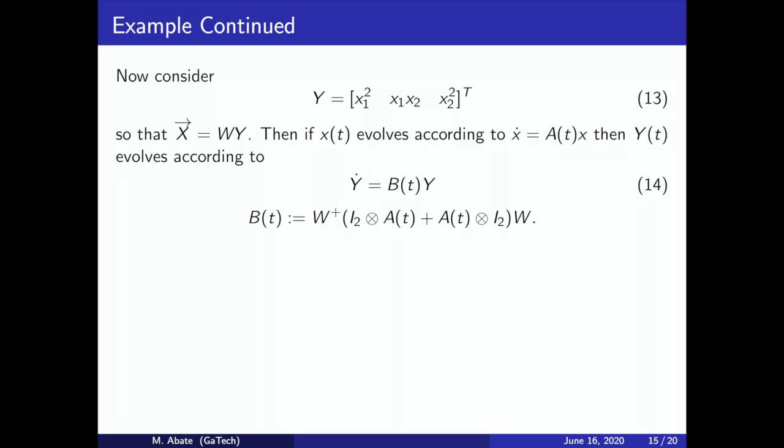This new system 14 has reduced dimensionality as it only considers a vector of 3 entries rather than a vector of 4 entries as presented on the previous slide. And in the following, we build this dimensionality reduction into our search for meta-Lyapunov functions in order to create a computationally competitive procedure for searching for high-order homogeneous polynomial Lyapunov functions for switched linear systems x dot equal to Ax.